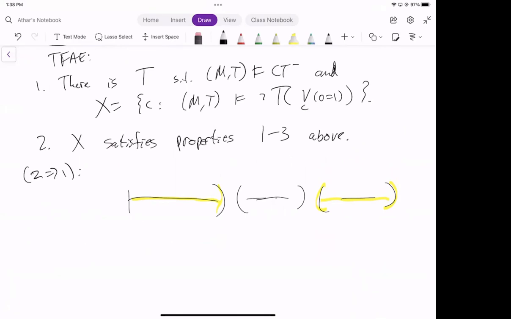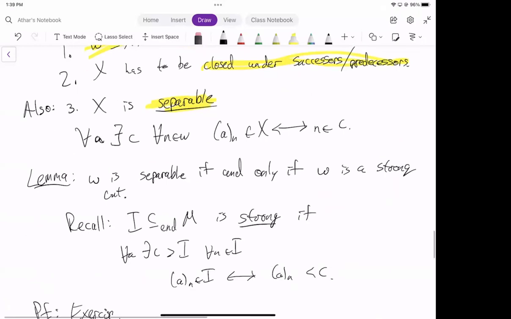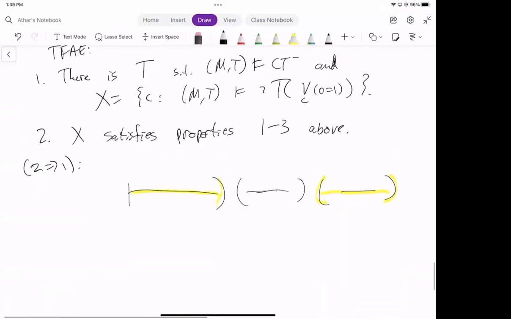I don't have an idea off the top of my head, but I would guess that there are continuum many, because it's very easy to satisfy the separability. It would be quite interesting if there were not. Yeah, I'm not sure. I'll have to think about that for a little bit.